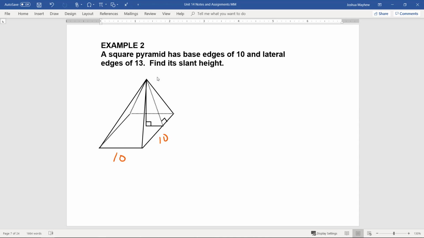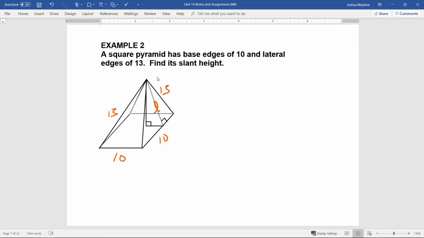It's a square pyramid, and the lateral edge is 13. Find its slant height. The lateral edges would be these edges, so that's 13, that's 13, all those are 13. And we want to know what the slant height is, that height right there.